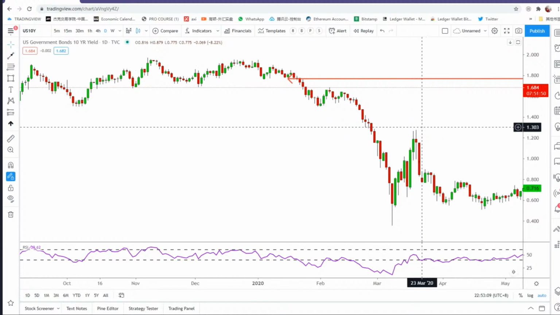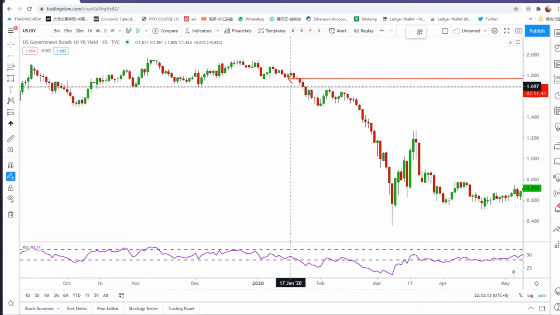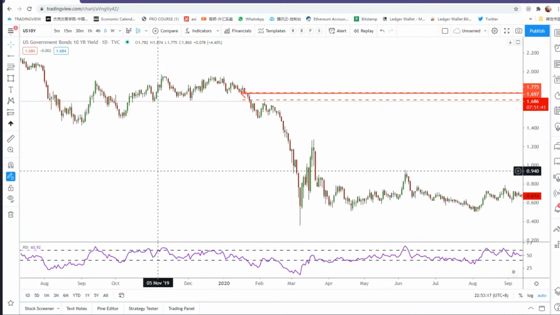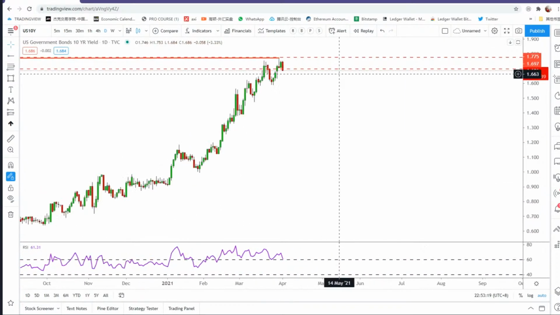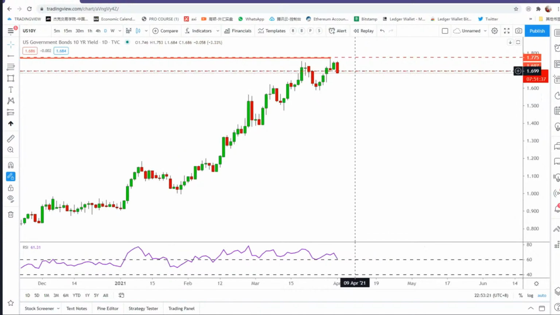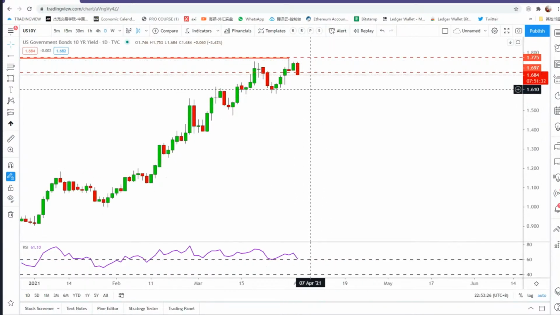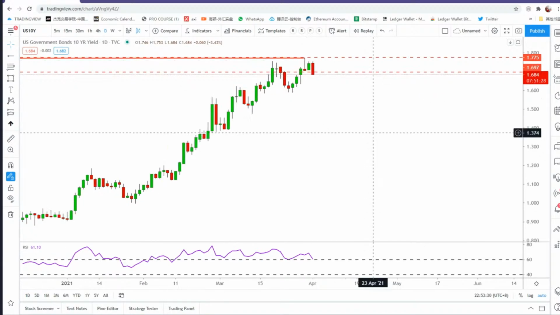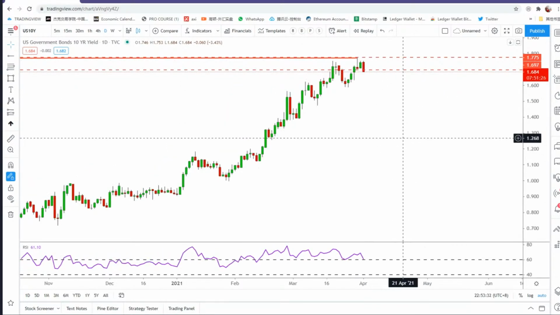Okay, 1.23. So 1.70 has been a strong supply zone for the yield of the 10 years government bond, and it is losing momentum, kind of getting a bearish signal. That's why the gold yield is going down. So this actually tells you that the dollar index may go down, and the major pairs may benefit from this.